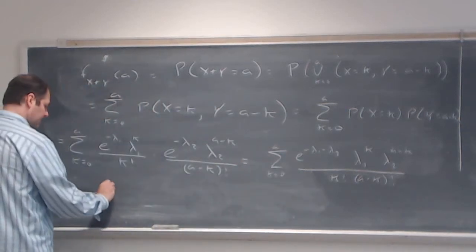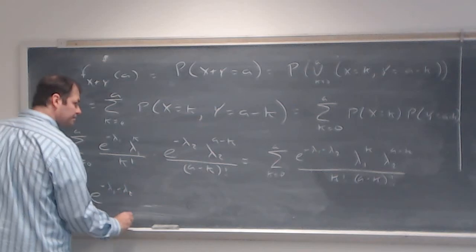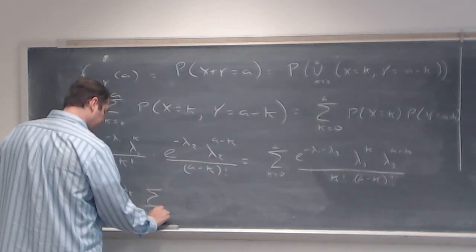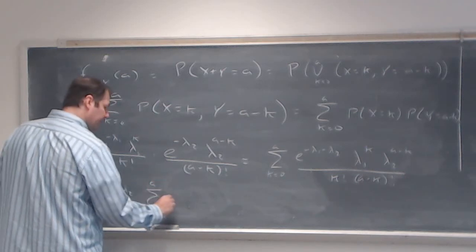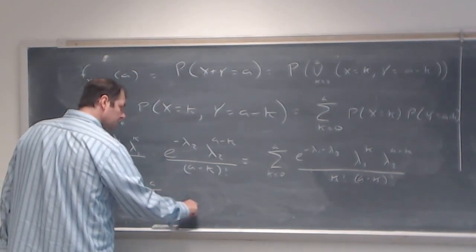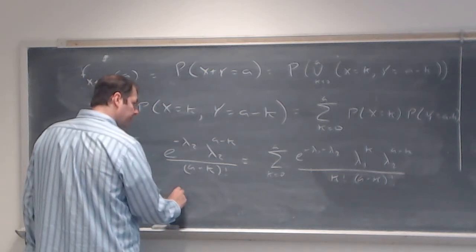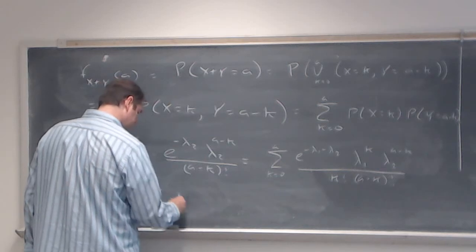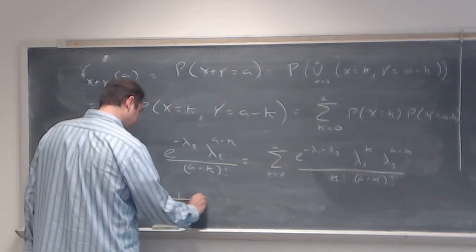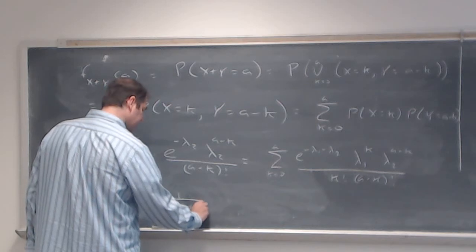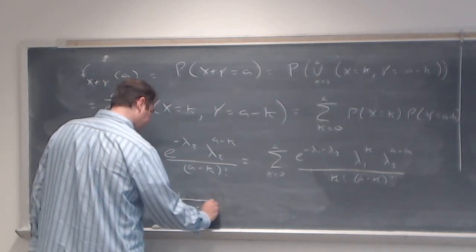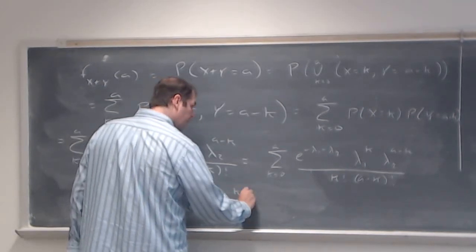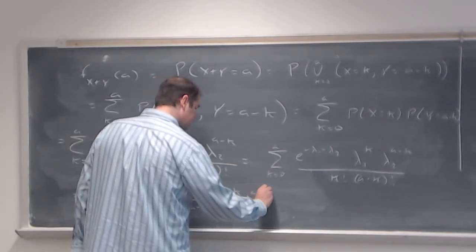So that's e to the minus lambda 1 minus lambda 2, sum as k runs from 0 up to a. And here I'll rewrite this as 1 over k factorial a minus k factorial, and here I have lambda 1 to the k and lambda sub 2 to the a minus k.